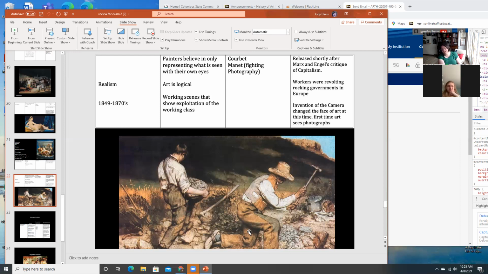But Courbet does continue to paint, and we do find the ills of the aristocracy and the exploitation of the lower working classes becoming more and more relevant. This style was a reaction to Marx and Engels' book released on capitalism, the Communist Manifesto.